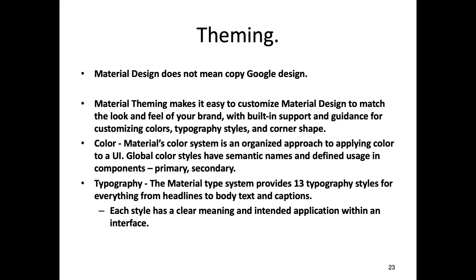Now, by theming, we mean what kind of color scheme you wish to use, what kind of typography you'd like to use, and that's all kind of a branding that you might want to associate with your website, which is unique to your website.